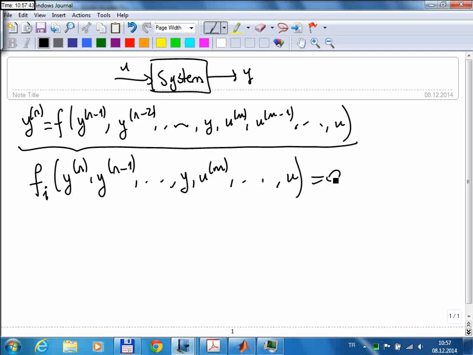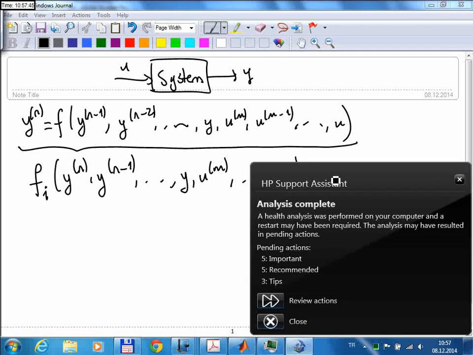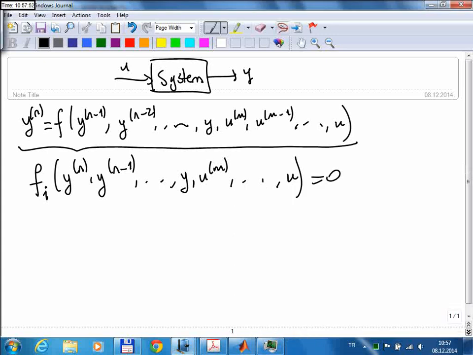Okay, so this is the differential equation of the system. And if you remember what I said earlier, for physical systems, the highest derivative of the input signal should always be less than or equal to the highest derivative of your output signal. So that means m should be less than or equal to n for physical systems.